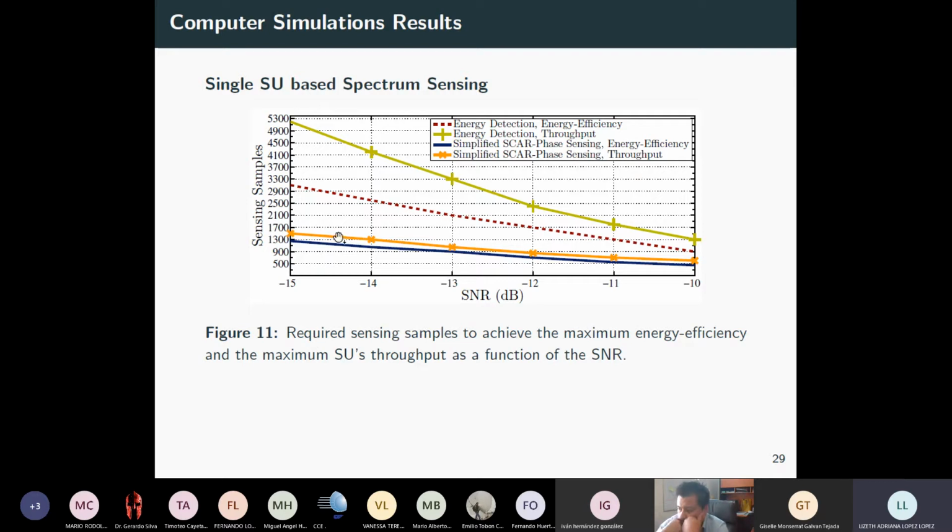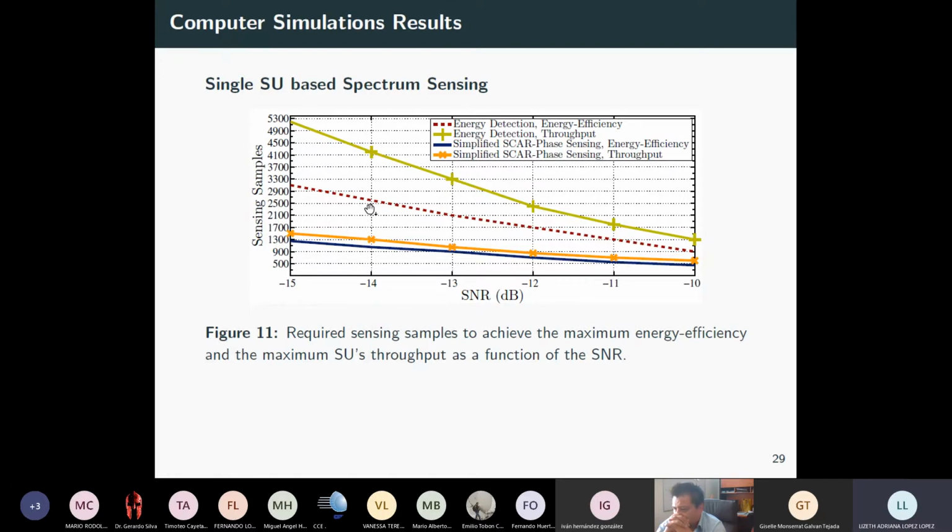For example, we can see at minus 14 decibels that for the energy detection, the number of samples to achieve the maximal throughput is around 4,100, and the number of samples required to achieve the maximum energy efficiency is around 2,500.